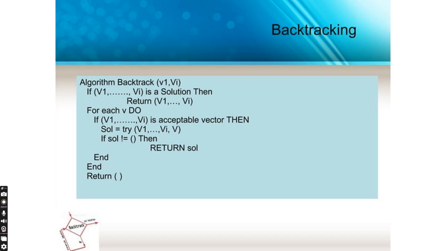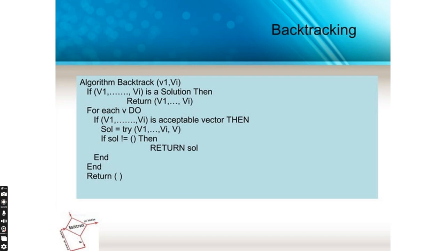This is the pseudocode or algorithm for backtracking. Already I said backtracking is finding a solution among the available vectors. So here, Backtrack V1 to Vi. If V1 to Vi is the solution, then return V1 to Vi. These are the various possible solutions, that is, various vectors, 1 to n.